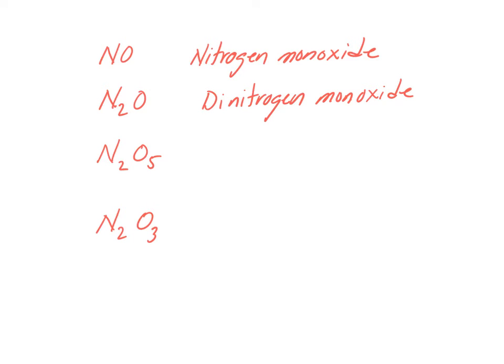Okay, for this next one, I'm going to call that dinitrogen pentoxide. Not pentaoxide. When you get two vowels together, we're just going to drop the A, for instance, with this pentaoxide.